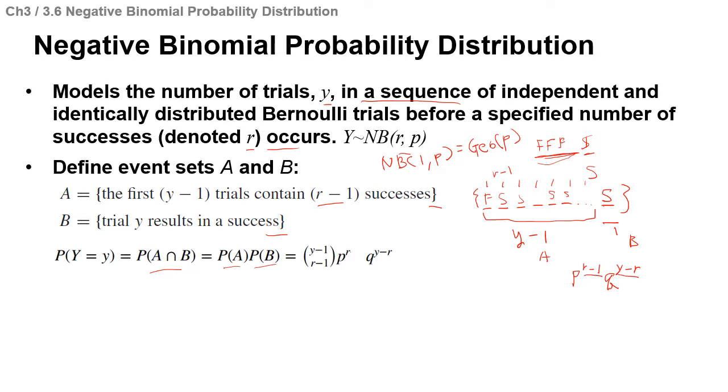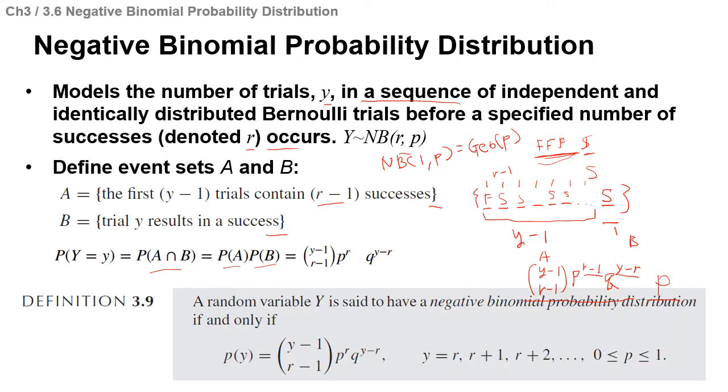So among all y minus 1 Bernoulli trials, we have r minus 1 successes and y minus r failures, and the number of ways we can choose the successes from these y minus 1 positions is y minus 1 choose r minus 1. So this is the probability for event A, and the probability for event B is just p. So this times this results in the following definition.